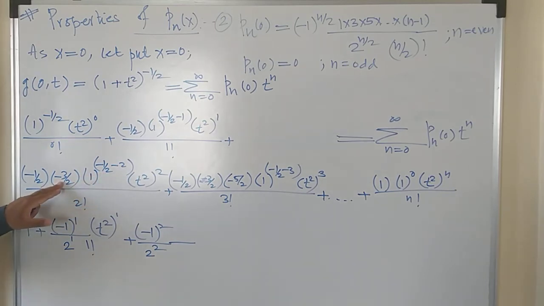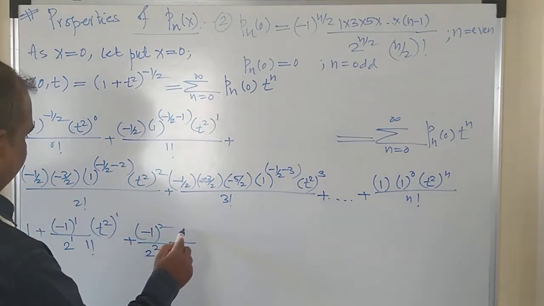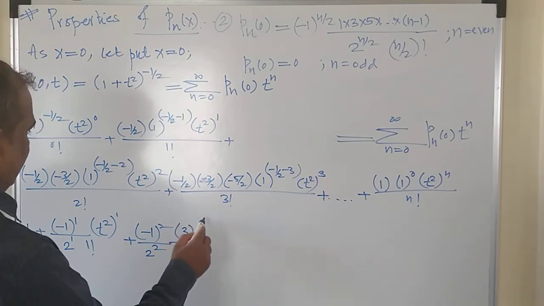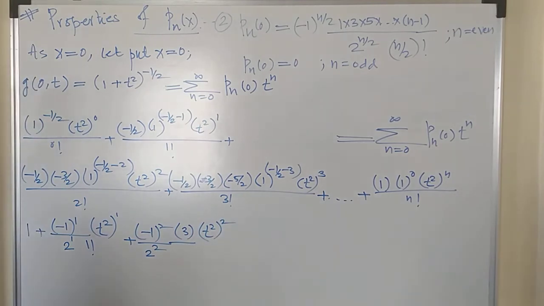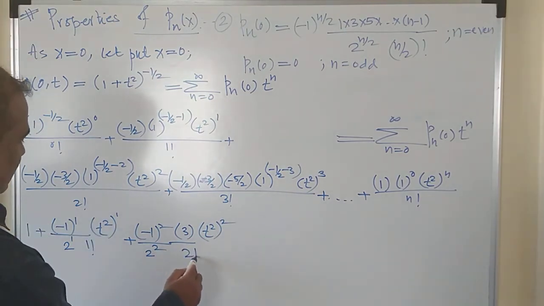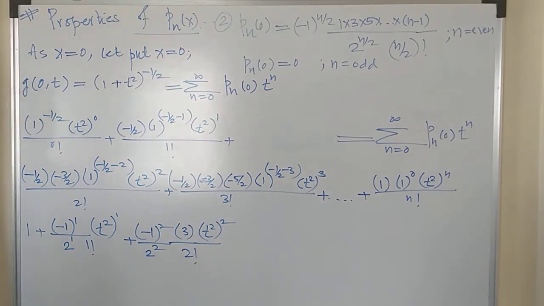Here we will be left with 3. So 3 into t squared raised to power 2 upon this 2 factorial as it is, right?